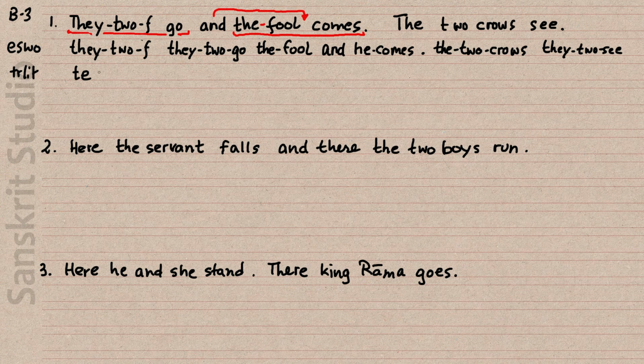But now it's feminine, te, and so they two go. We know we want going, then we want gachati, but what is the form? Well, we have third person they, and we have dual two, so we will get gachataha.